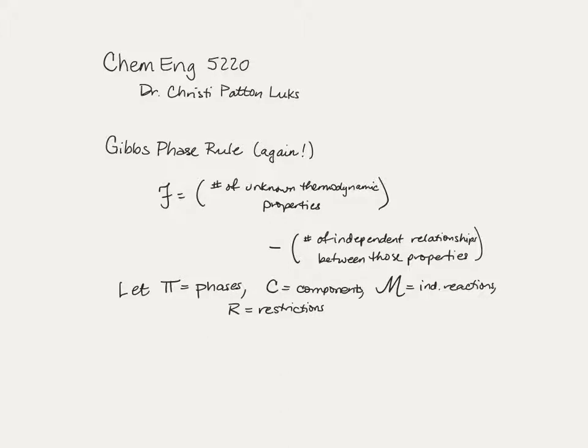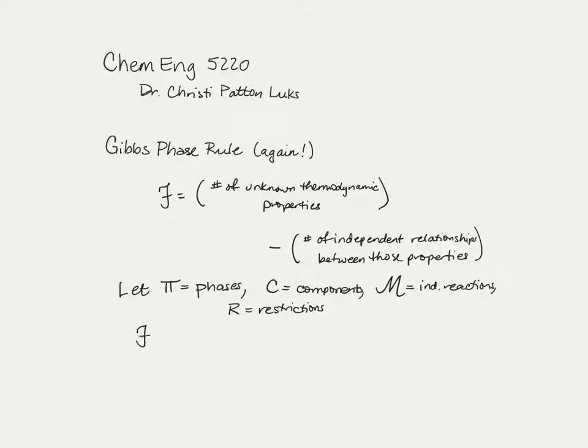Restrictions could be any number of things, but it would be something like, I want to guarantee that the composition of component 2 is exactly twice the composition of component 1 in the liquid phase. That's an extra restriction. It's an equation that relates these variables, and if you have those, you need to be sure to include those also.